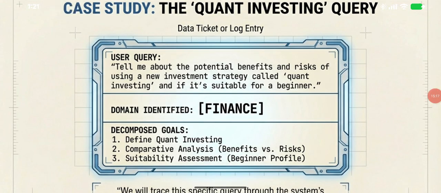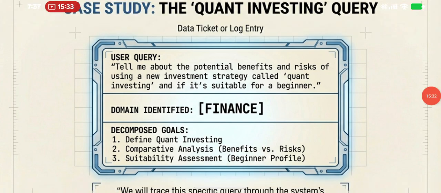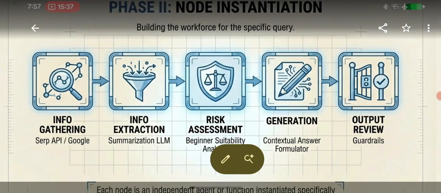Accordingly, it should be able to filter and segregate the output and share only what is suitable for a beginner. The other thing is that it should be able to visualize what more questions the user may ask and accordingly give suggestions for the user to ask follow-up questions.